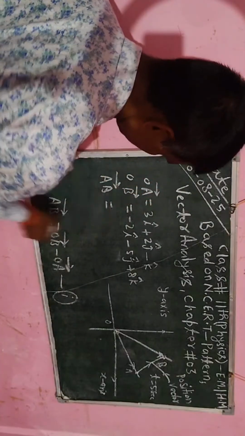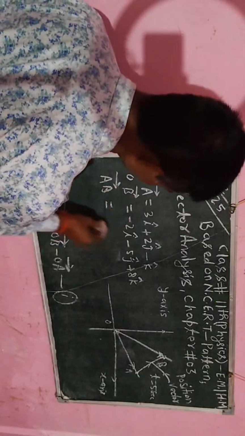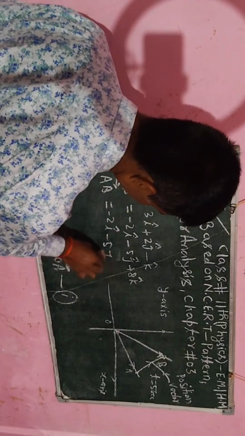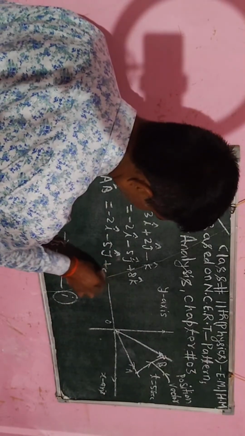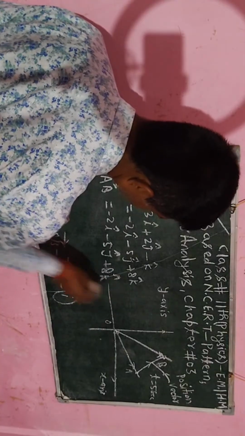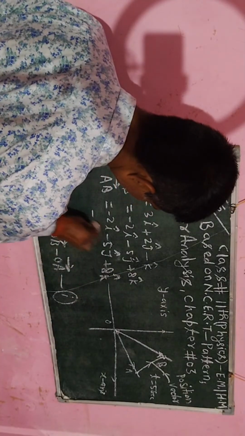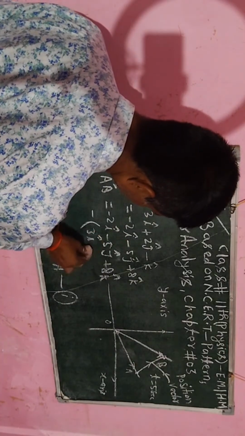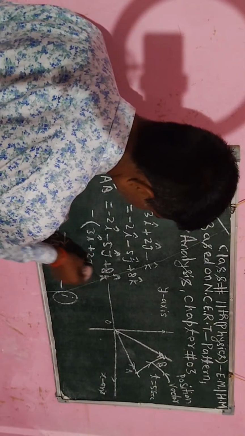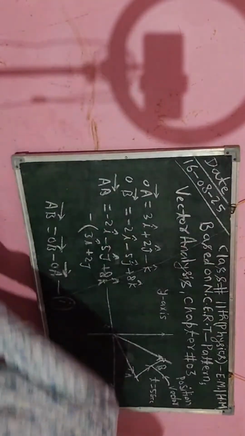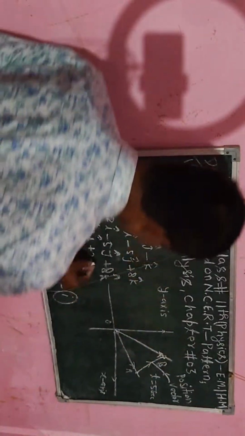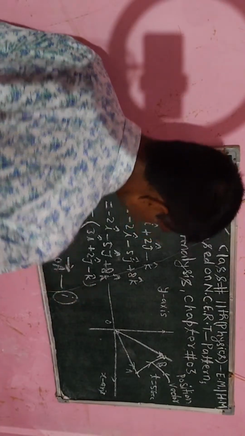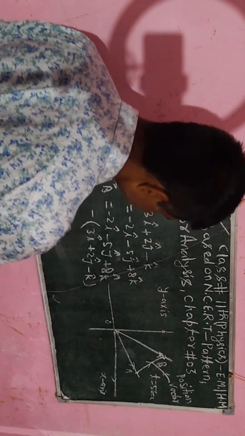So in the place of OB vector I will write simply minus 2 vector i cap minus 5 vector j cap plus 8 vector k cap. Now a minus sign is given, so I will put the minus sign and in the bracket I will write 3 vector i cap plus 2 vector j cap, and then minus vector k cap. Now I will place the data for the calculation.